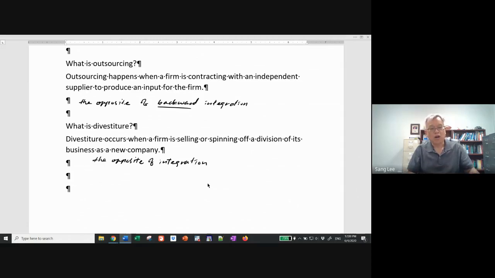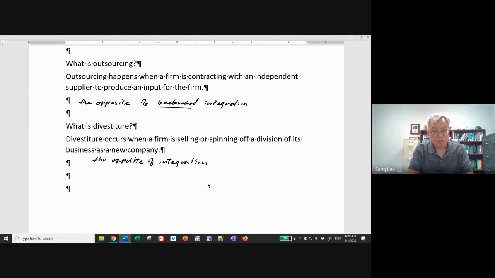You are selling or spinning off some of your existing productive capacity, so your supply chain is shrinking. That is divestiture. So outsourcing is the opposite of backward integration, and divestiture is the opposite of integration.